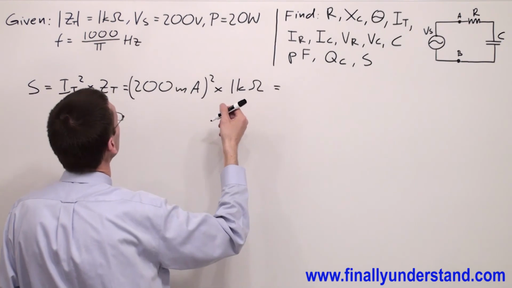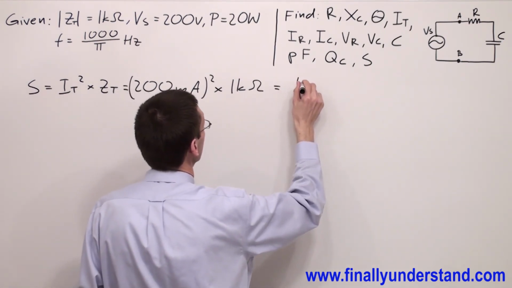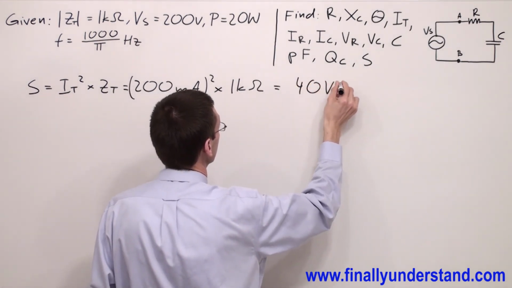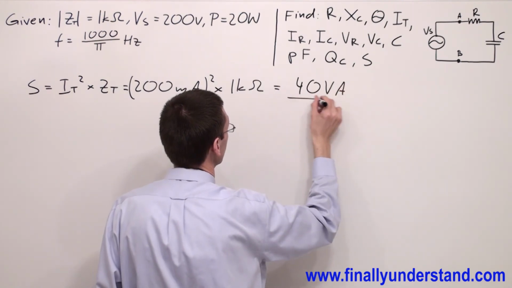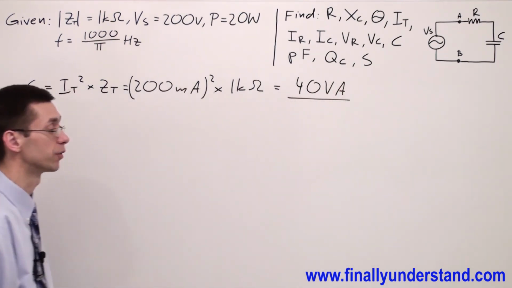Okay, use the calculator. You're supposed to get the value of 4 VA, volt ampere. This is my apparent power.